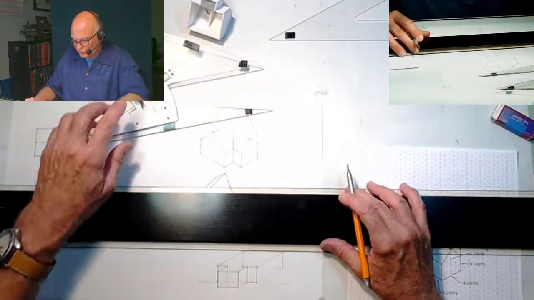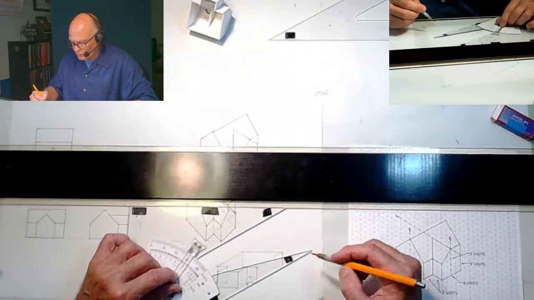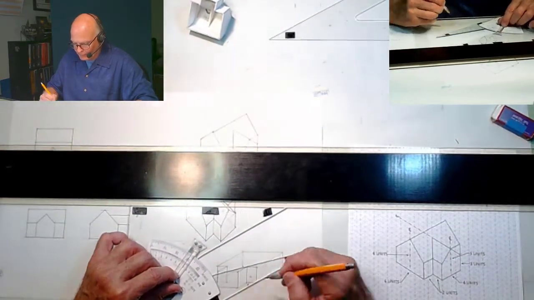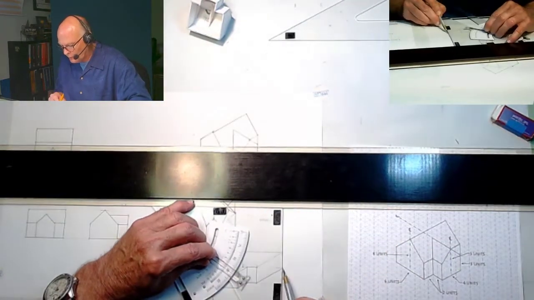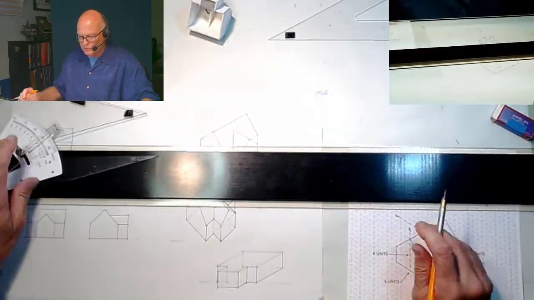Okay, so I know some of these lines are going to be with me in the final, so I'm adding a little bit more meat to them just so that you can see them better on the illustration I'm doing.